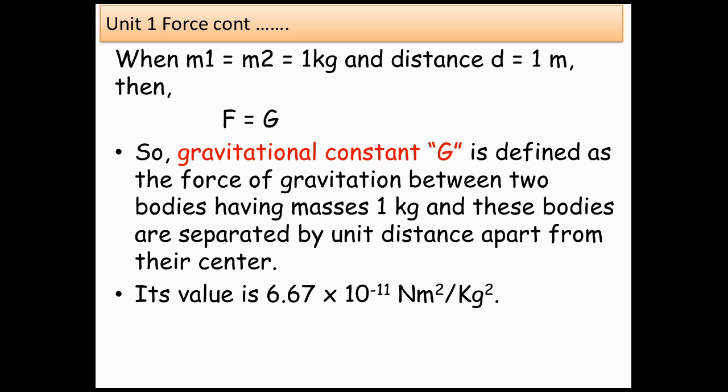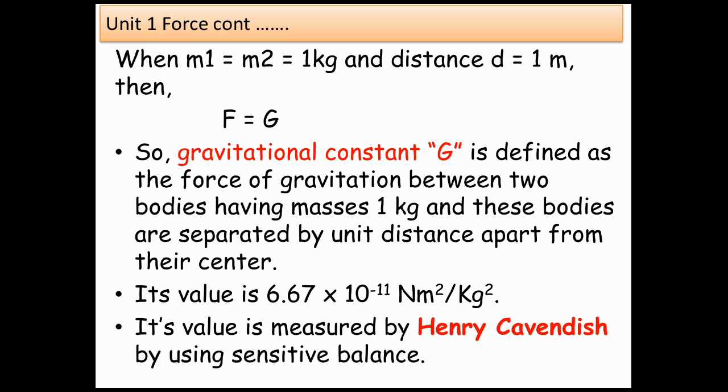That's why its value is 6.67 into 10 to the power minus 11 Newton meter square per kg square. The value of the gravitational constant was measured by Henry Cavendish, using sensitivity.